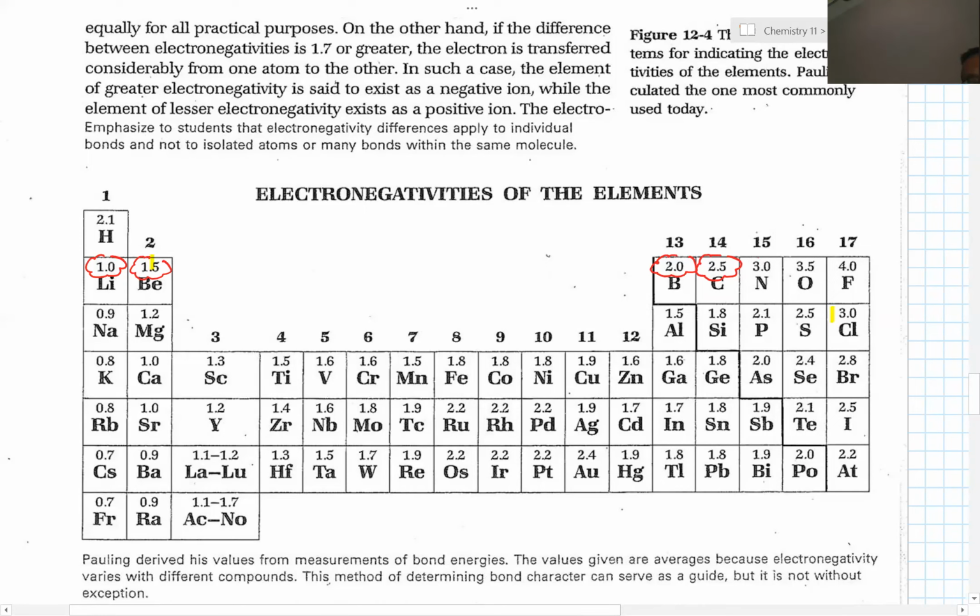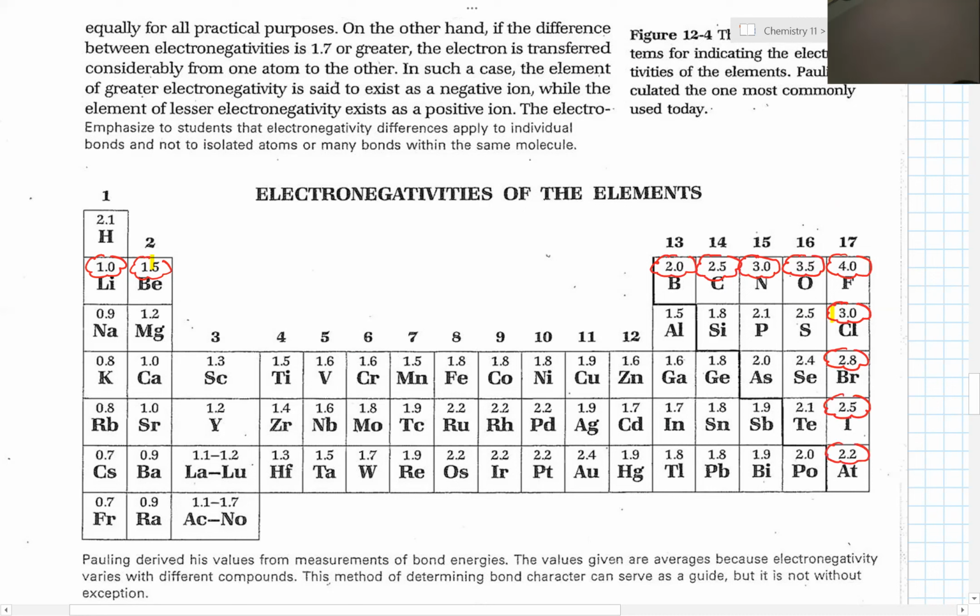So the greater the number, the better they are at attracting a shared pair of electrons in a chemical bond. Now, notice the numbers I just circled. They seem to increase going from left to right, and they decrease going down.